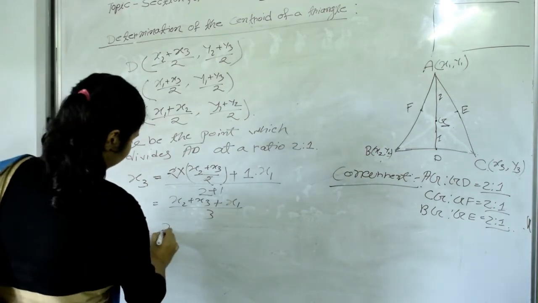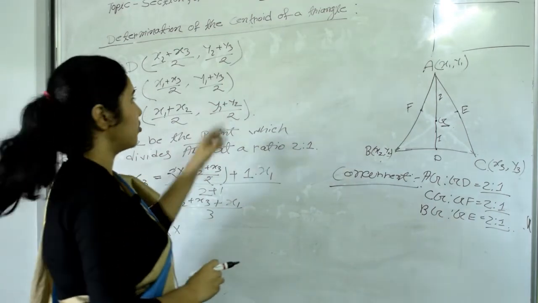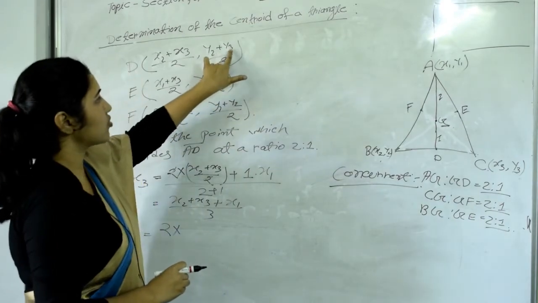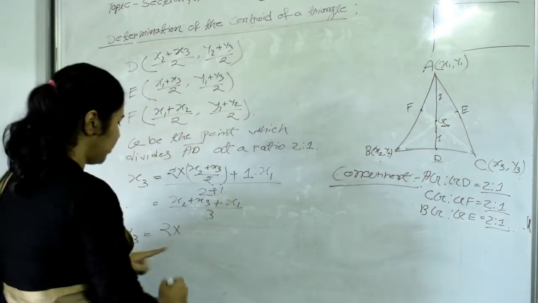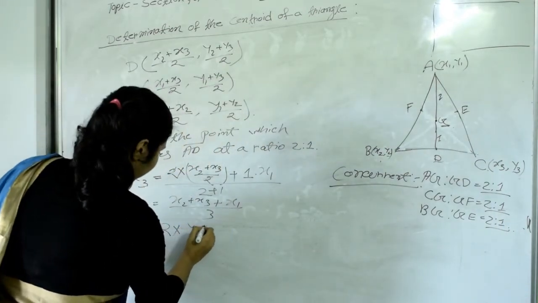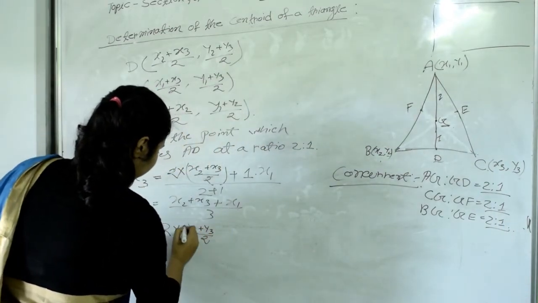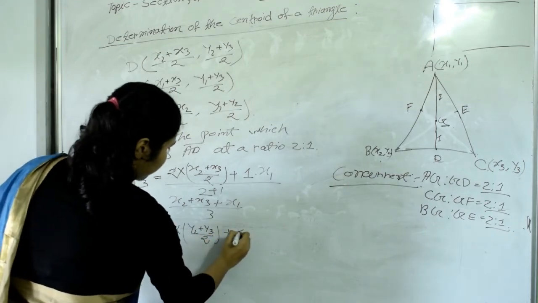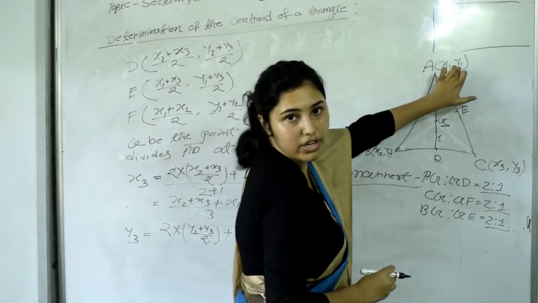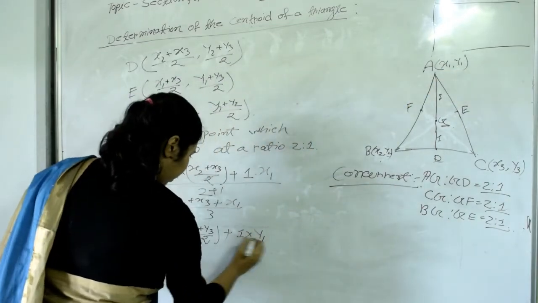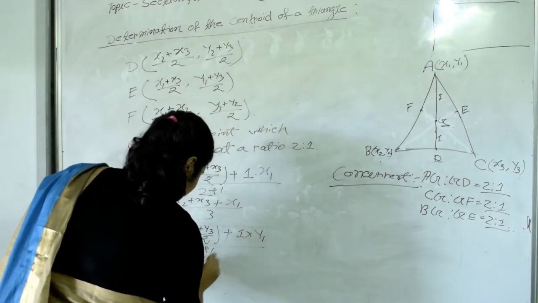y3 equals again m into y2, y2 plus y3 by 2, which is the ordinate of the point D. So y2 plus y3 by 2 plus 1 into y1, which is the ordinate of the point 1, by again 2 plus 1.